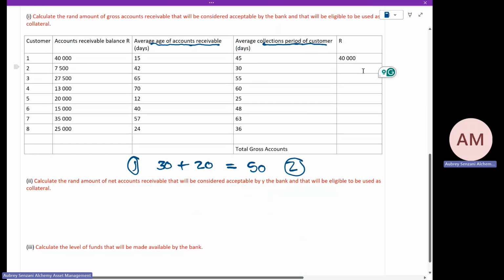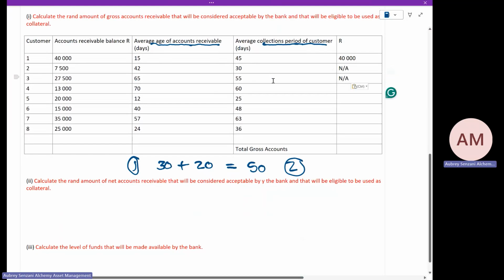Okay. So here I think you can just put N/A because our average age of accounts receivable is greater than the average collection period there that you see, 30. So we go to the next one and we see exactly the same thing. So we can copy and paste.